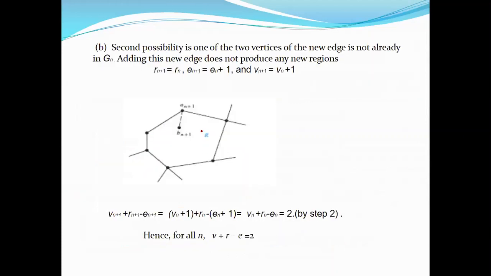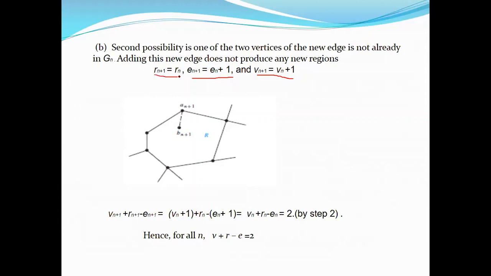Now the second possibility is that you are adding a new vertex. For adding an edge, you are adding a new vertex. If we are adding a new vertex, no doubt the edge count is increased. Yes, it is En plus 1. The number of vertices is increased: Vn plus 1 is equal to Vn plus 1.